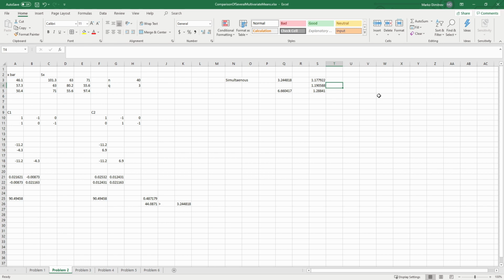And in the end, we can compute the differences. So we have that constant, we have everything.